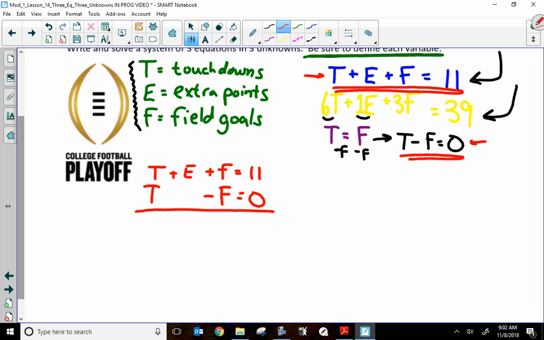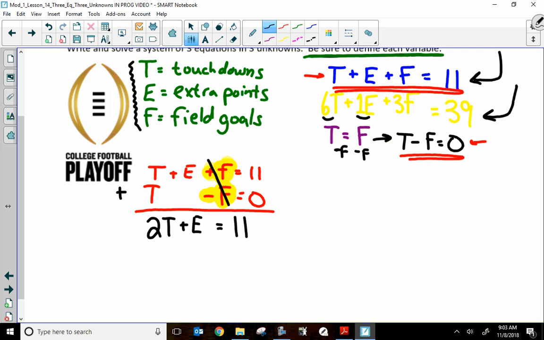Because in front of my F, it's 1F. And guess what? The signs are not the same, so I do not subtract. If the signs were the same, I would subtract. Here I add. 1T and 1T gives me 2T. I just have my 1E here. And 11 plus 0 is 11. This is one of my equations with two variables.